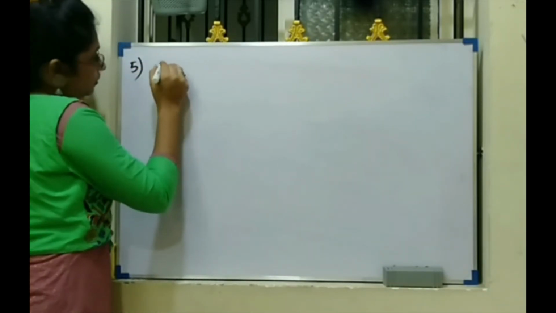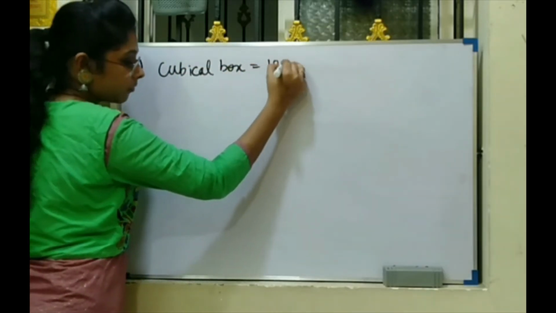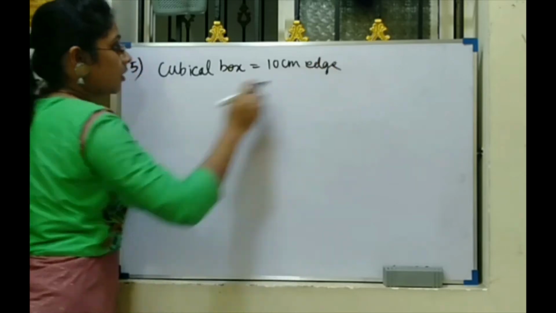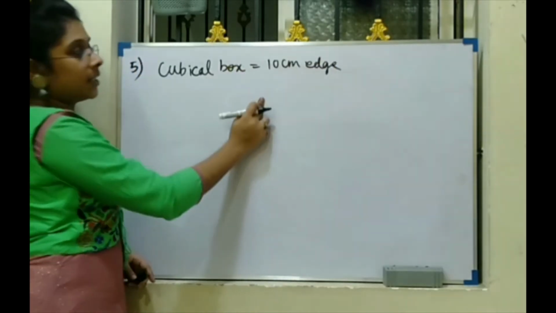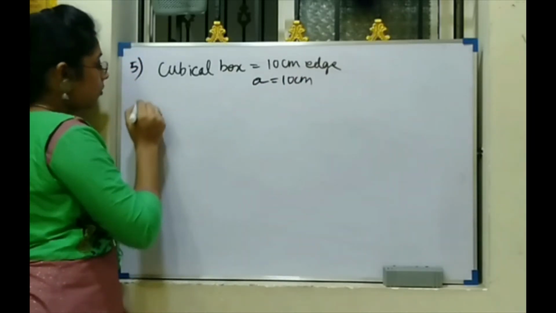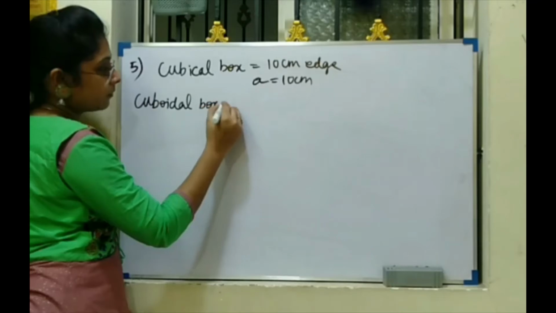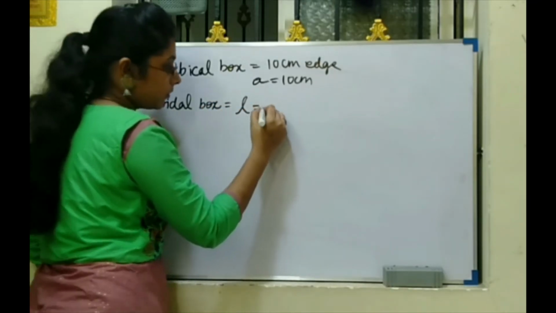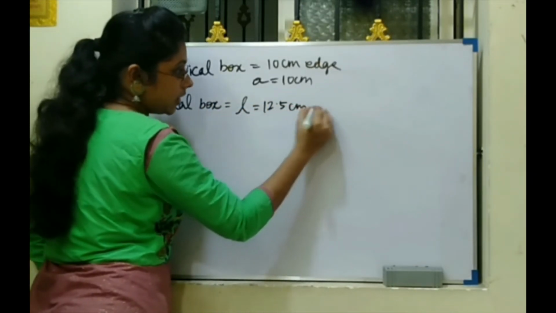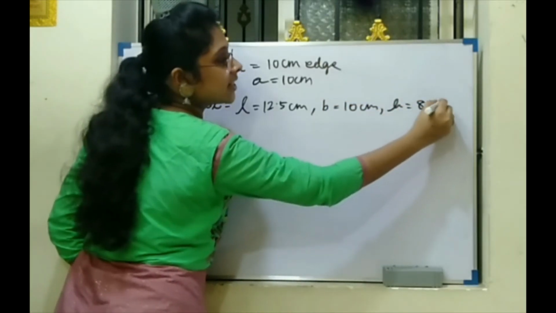First, cubical box is equal to 10 centimeter each. That is, a is equal to 10 centimeter. Now, cuboidal box. In cuboidal box, we have length is equal to 12.5 centimeter, breadth is equal to 10 centimeter and height is equal to 8 centimeter, right?